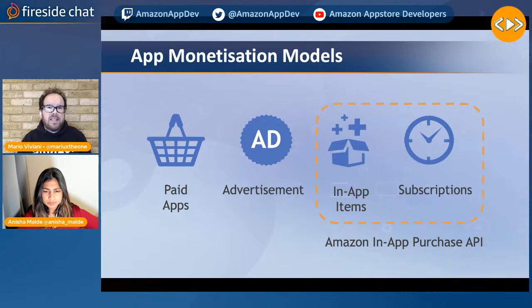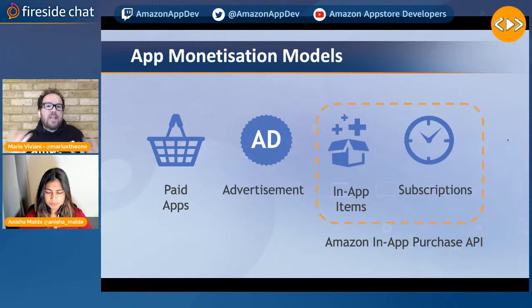So the great thing is that Amazon offers an API, the Amazon in-app purchase API, to manage in-app items, in-app purchases and subscriptions. Technically, as you will see later today, subscriptions are just a superset of in-app items. They are treated exactly in the same way. They are, by all means, in-app items.